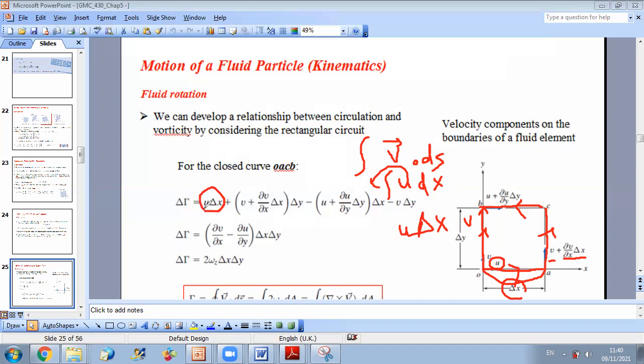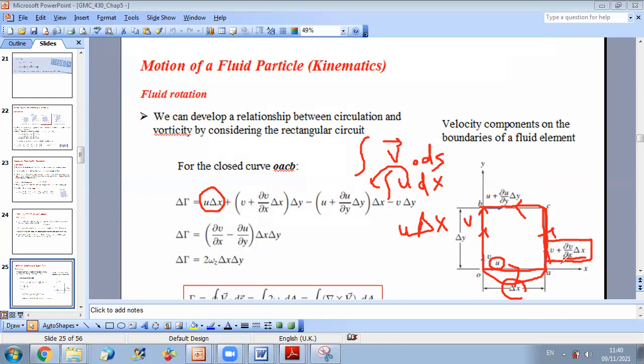Now, I will move along AC. When moving along AC, the velocity is v plus del v by del x delta x. By projecting, this is the component of velocity along AC.